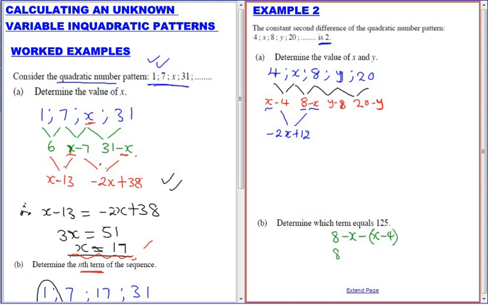And then this is how you will notice that you will still get the same things as we have here. So as you can see, negative x and negative x will give you negative 2x here, and 8 plus 4 will give you the 12 that we're talking about.